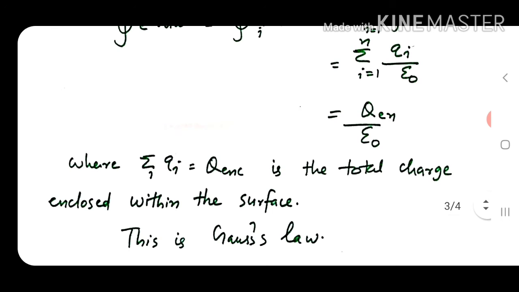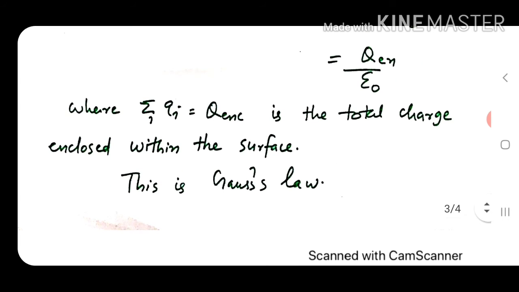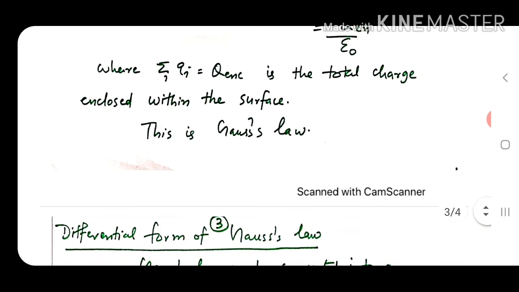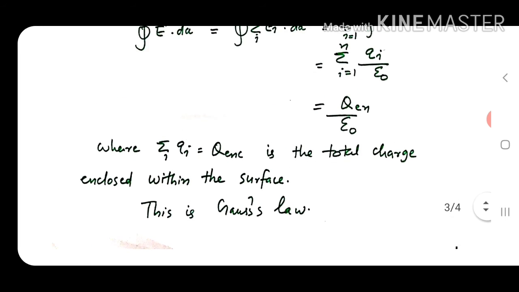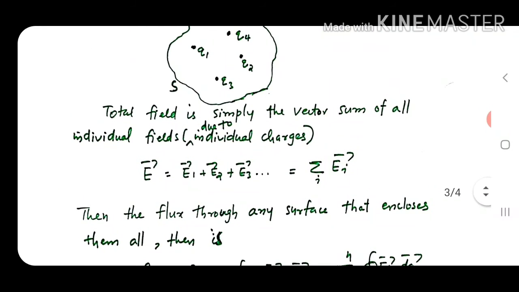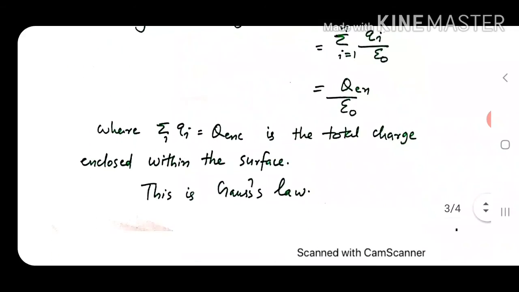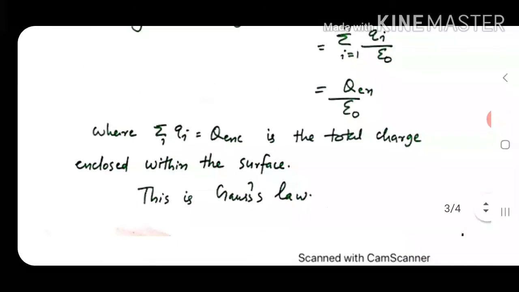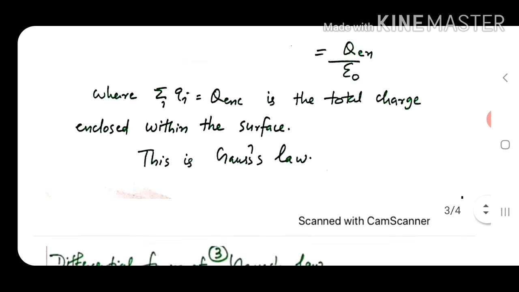So we have Gauss's law, which says the flux through any closed surface is equal to the total charge enclosed by the surface, divided by epsilon 0.